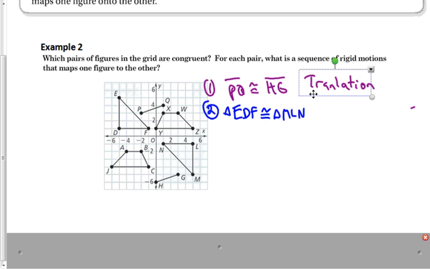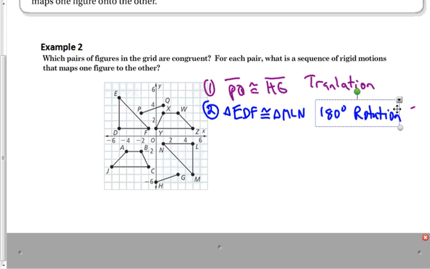I'm going to say it's just a 180 degree rotation. And if you look more closely at the points, my guess is they're just opposites. So if we have -1, -1, 1, then we have 1, -1. So they just flip the signs for both of those.